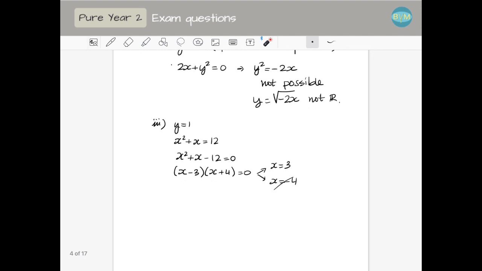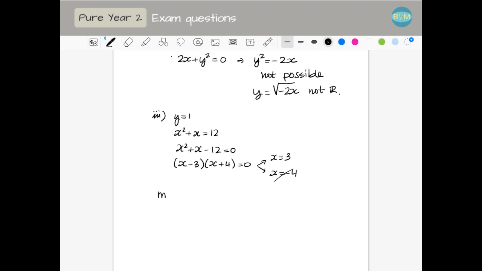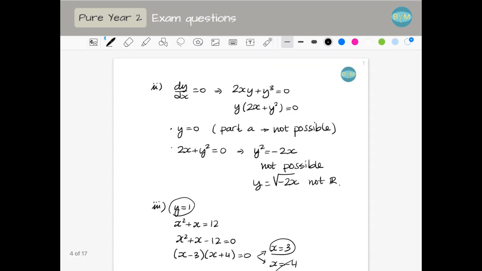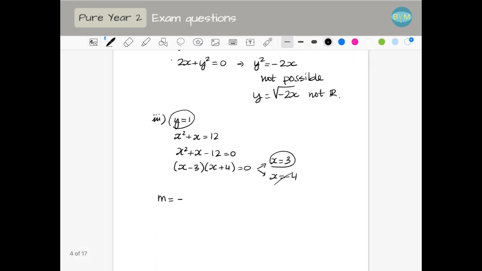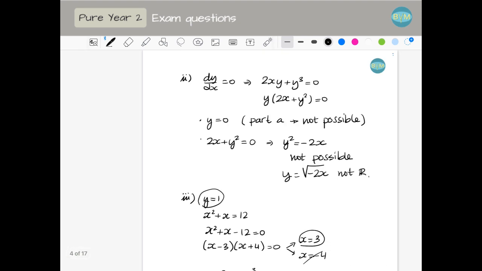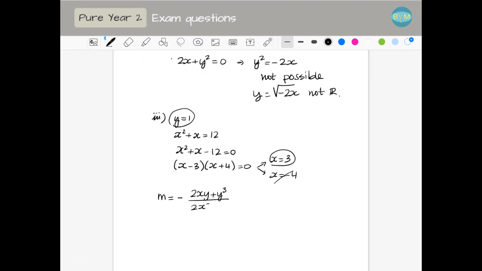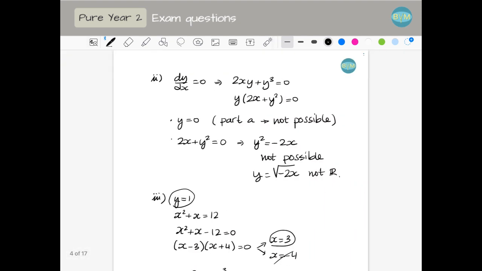So for the gradient, just substituting there, the gradient of the line is going to be minus, and I'm just going to substitute the x by 3 and the y by 1. I'm going to copy the expression before we substitute: 2xy plus y cubed over 2x squared plus 4xy squared.